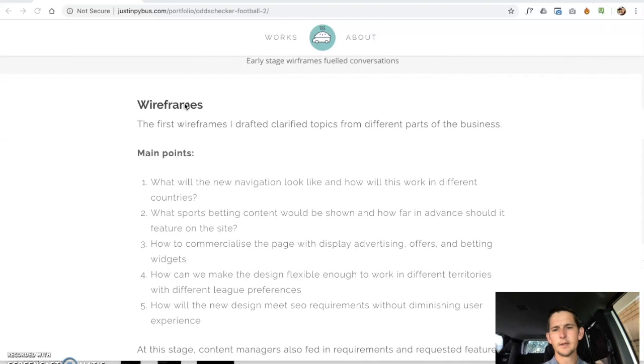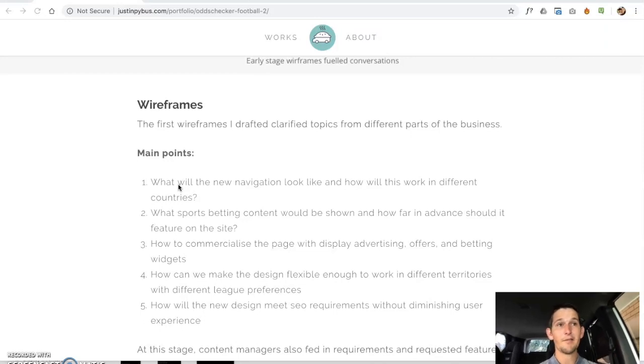And so some of the talking points we might have had would be, what will the new navigation look like, and how would that work in different countries? Because remember, this website was live in 5 countries: Australia, Denmark, Germany, Spain, and Italy.